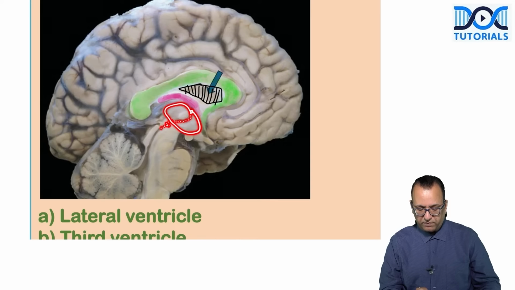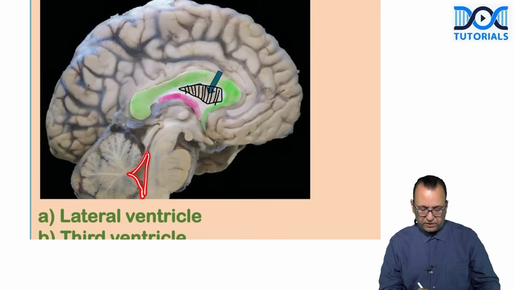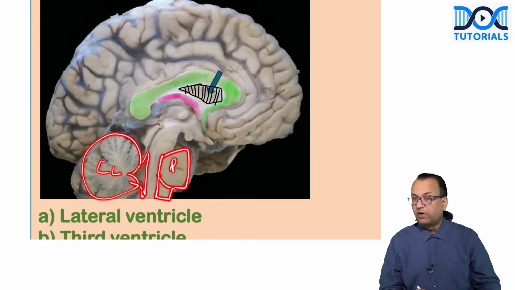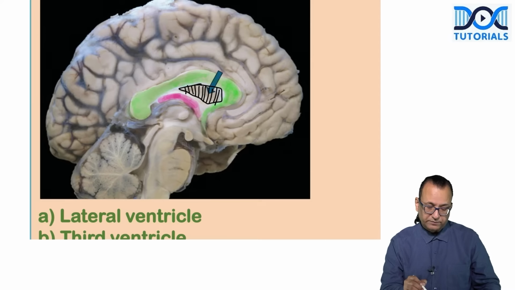From there the CSF will move into this area, which is cerebral aqueduct of Sylvius, because these are superior colliculus, inferior colliculus, the tectum part of midbrain, this is the tegmentum part of midbrain, and in between is the cerebral aqueduct of Sylvius. And then the CSF will go into fourth ventricle, behind which is the cerebellum, and in front is the pons and upper half of medulla oblongata. So this is the fourth ventricle. Let us show it with the color demarcation.